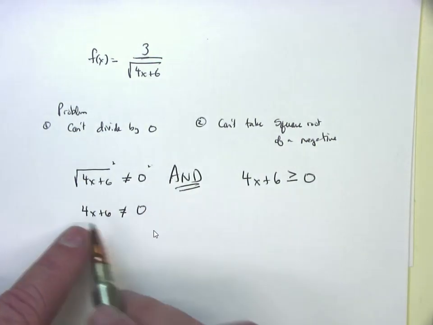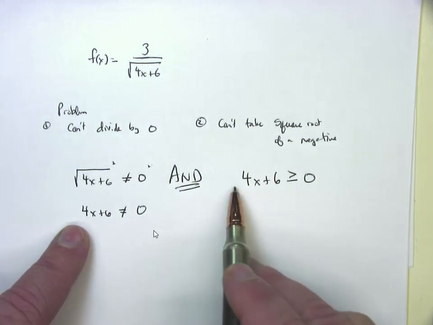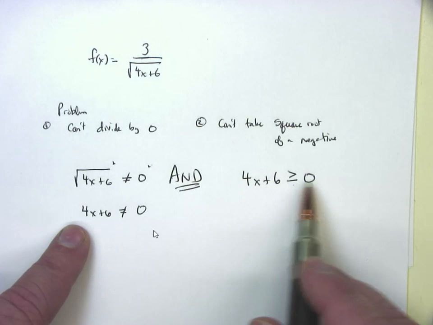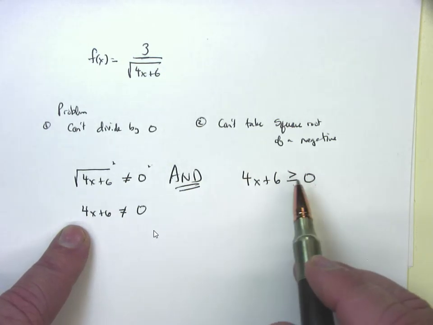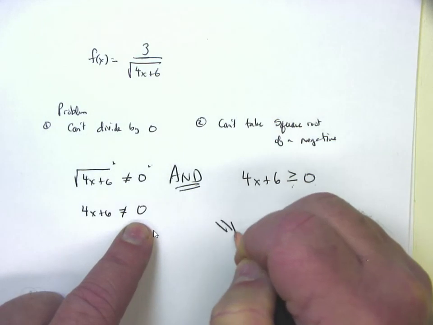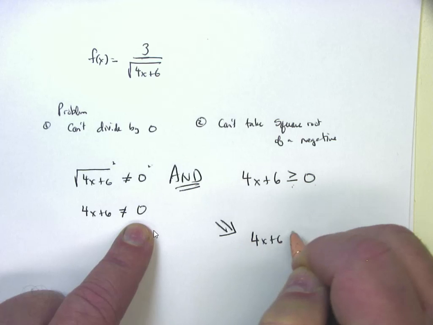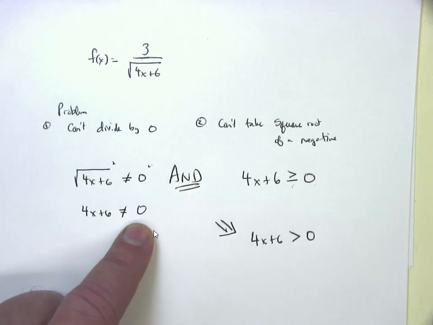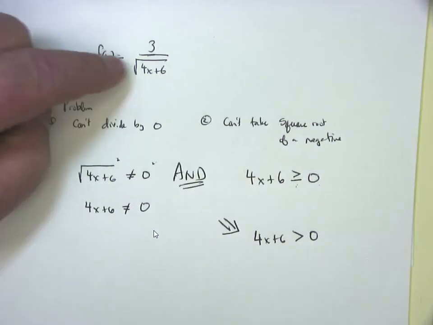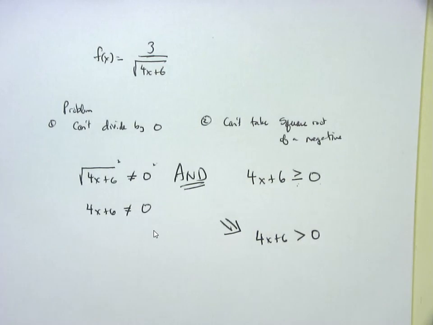So I've got this. The 4x plus 6 can't be 0, and 4x plus 6 has got to be greater than or equal to 0. If you've got to be greater than or equal to 0, but you can't be 0, this implies that the 4x plus 6 has got to be strictly greater than 0. It can't be 0 because that would make you divide by 0. So the 4x plus 6 has to be greater than 0 so you can take the square root of it. Does that make sense? Now, go solve this.